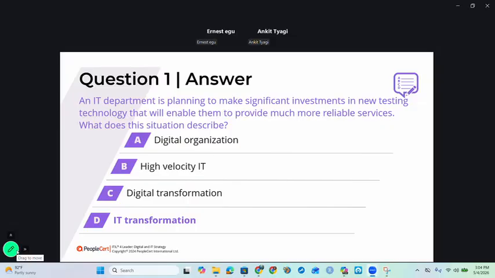So again, like I said, we need to remember these keywords in a focused way. Significant investment, significant improvement. If they would have said making a significant investment in the new testing technology, which would contribute to the achievement of the organizational objectives, then digital transformation would have been correct.